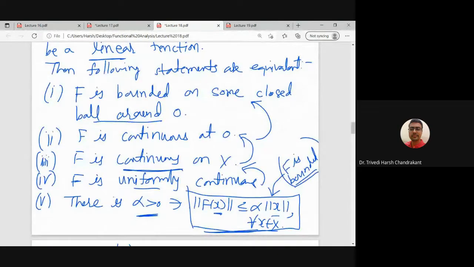Whenever we need to check the continuity of a linear function from a normed linear space to another normed linear space, from now onwards we'll use only this boundedness condition.